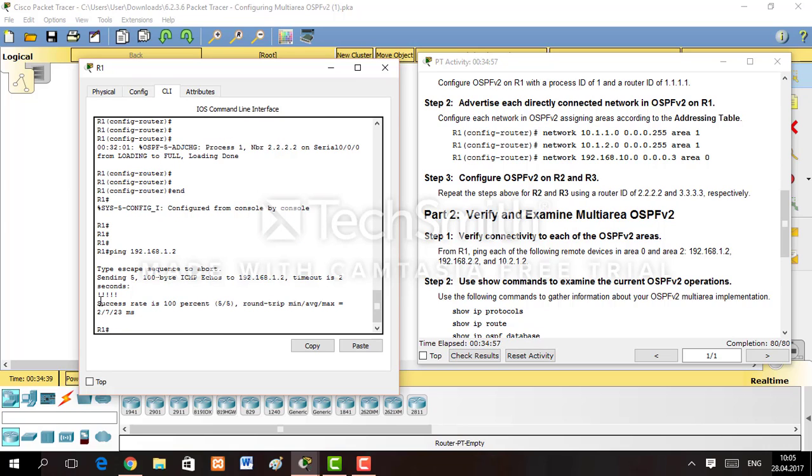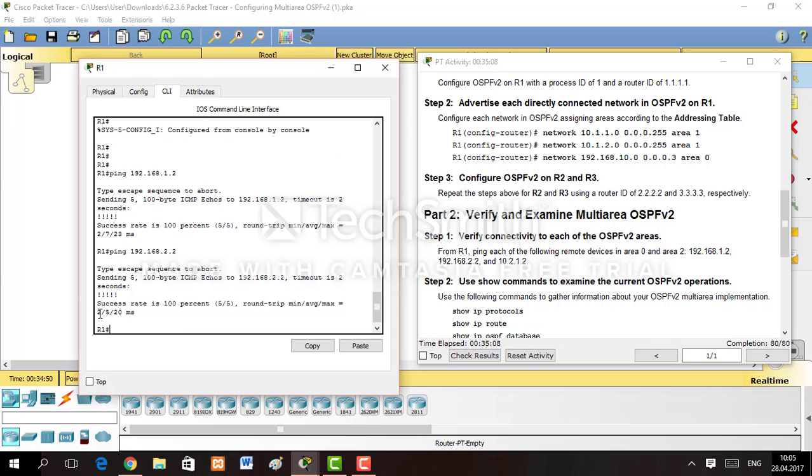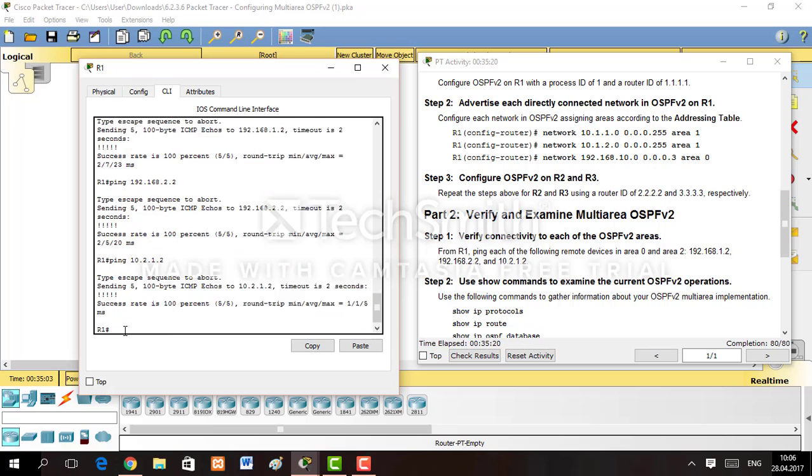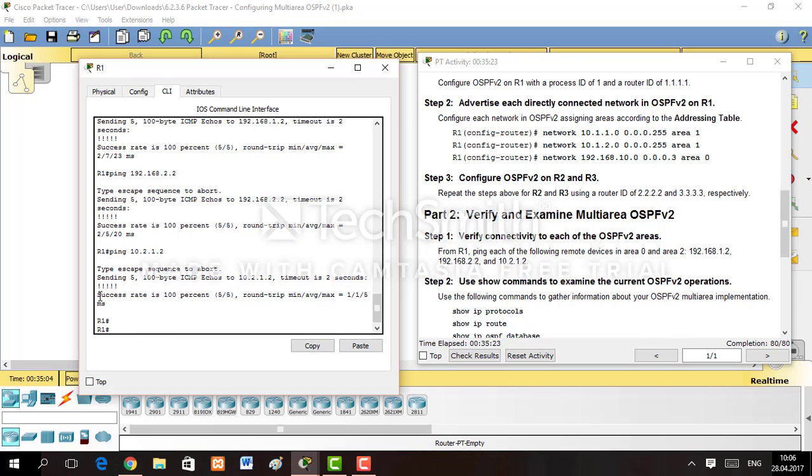Okay, here we have successfully ping. And let's ping to the second address. Here we have also success. Okay, the third address 10.2.1.2. Yeah, also success.